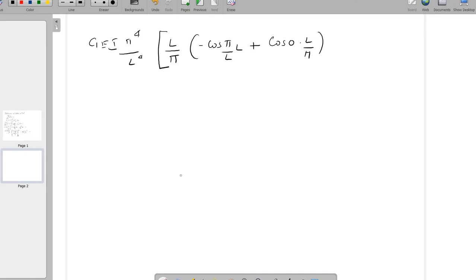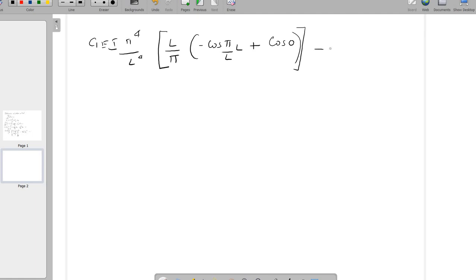I think this L by pi we already took outside, so we need not consider it here, because I am taking L by pi outside. So this is the first part of the integration.